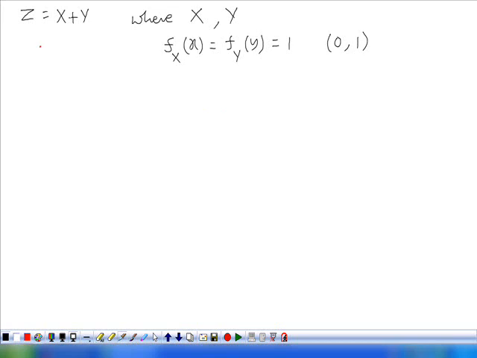So you have to find the f_Z of z. For that you plot both the functions. f_X(x) is defined for the interval 0 to 1, that is equivalent to 1.